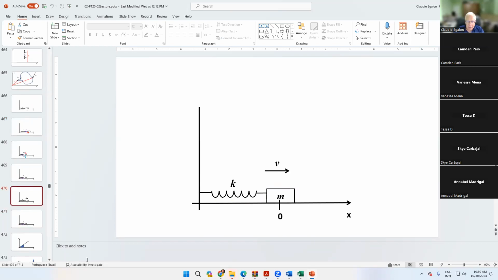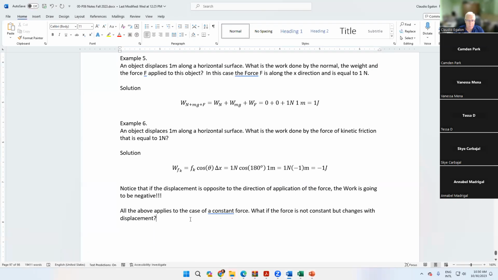In the case of the elastic force of a spring, I'm going to even put it like that with a vector.